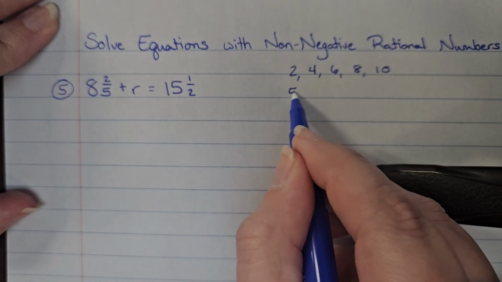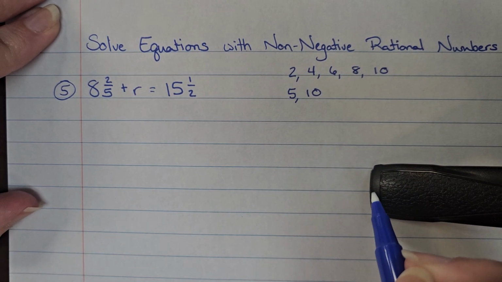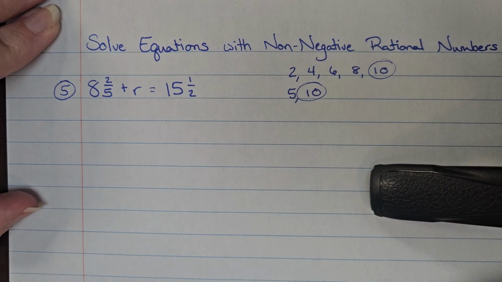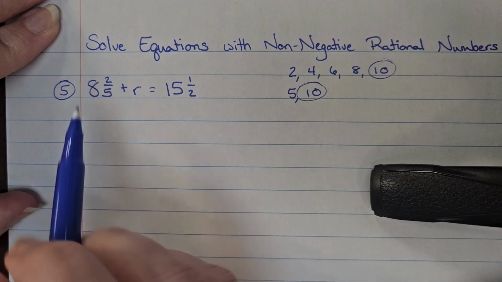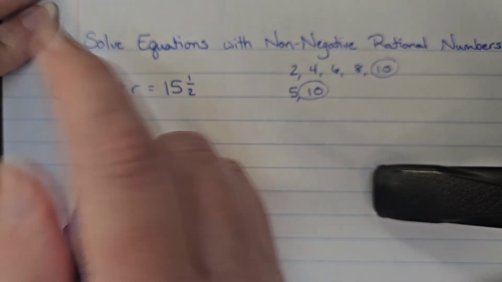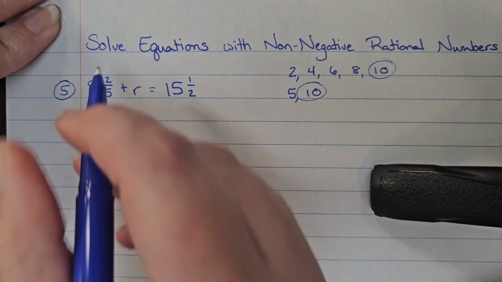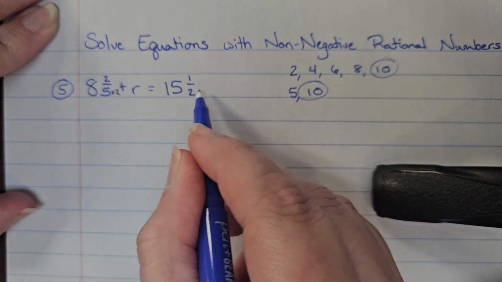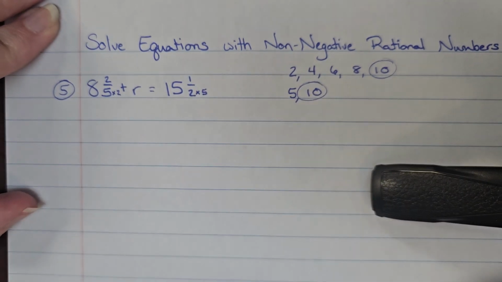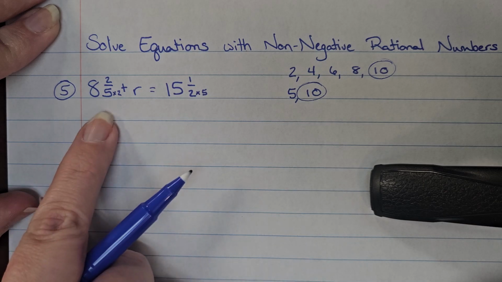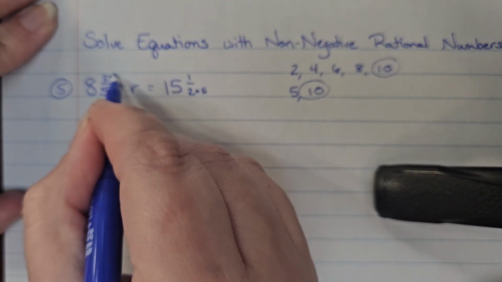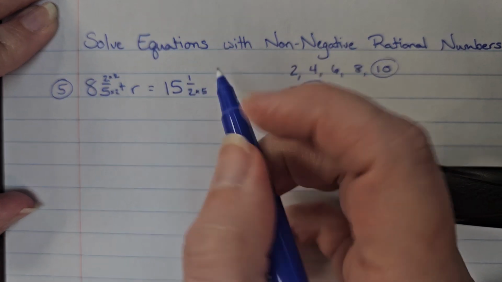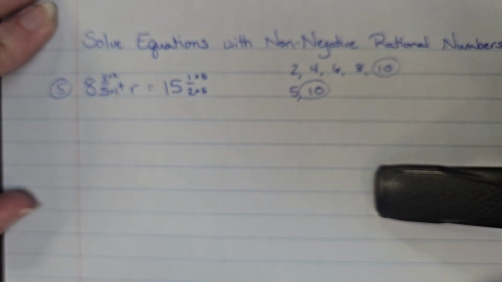For 5, that's 5, 10. There's my least common multiple, so I need to turn this 5 into a 10 and this 2 into a 10. How do I do that? I can multiply by 2, and I can multiply by 5. If I multiply the denominator by 2, I have to multiply the numerator by 2. If I multiply the denominator by 5, I have to multiply the numerator by 5.